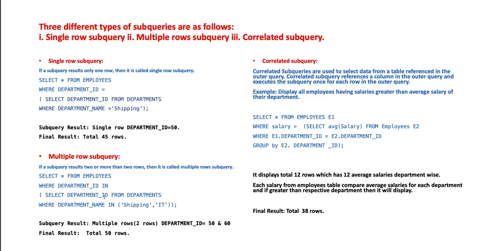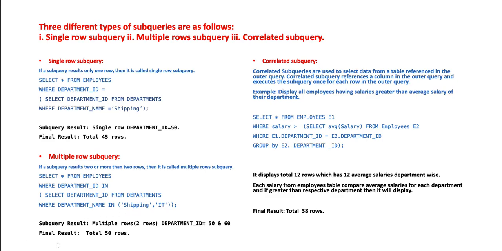Similarly here, select department ID from departments where department name in, that means whatever we provide in this parenthesis, it will capture shipping and IT. In this subquery, it results multiple rows. That means it has 2 rows where department IDs are 50 and 60. 50 corresponds to shipping, 60 corresponds to IT.